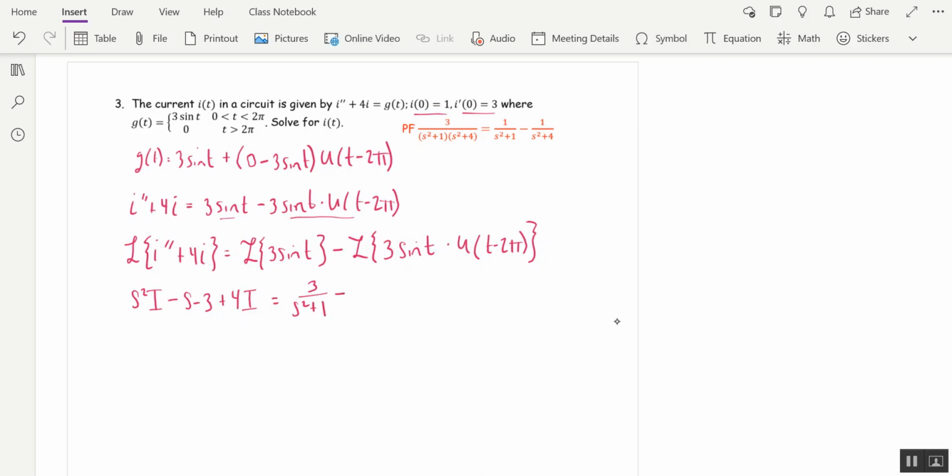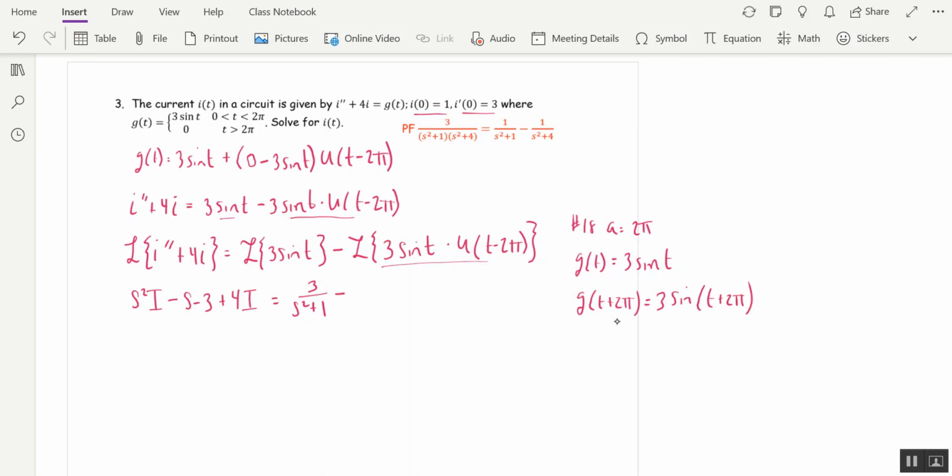And then minus L of this guy, and here's where we need number 18. So we're going to use 18 with a equal to 2 pi, and g of t is 3 sine t. So we're going to need g of t plus 2 pi, and that's 3 sine of t plus 2 pi.